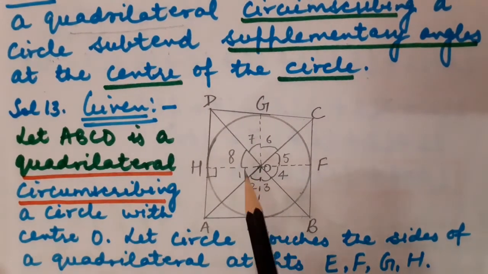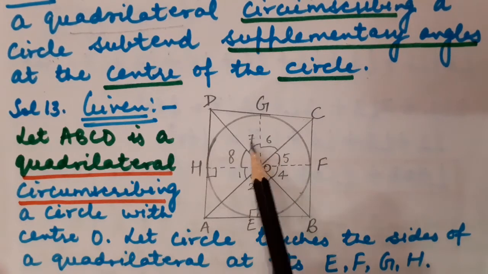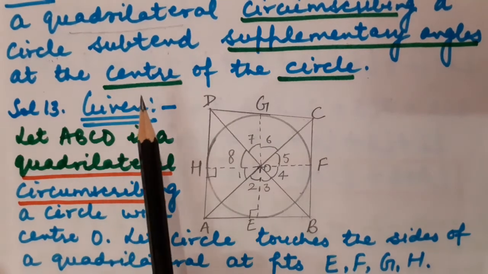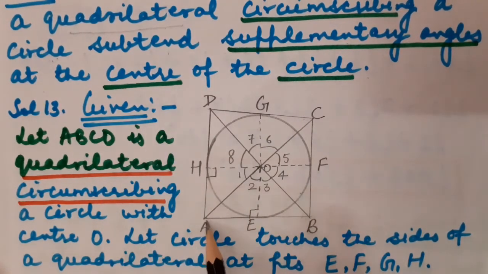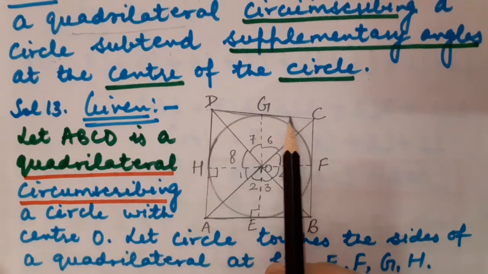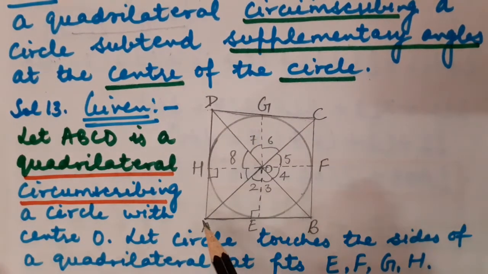Here you can see that I have given a total of 8 angles. I will explain how I named them. Right now, just keep one thing in mind: AB is opposite of CD. What angle is going to be subtended by AB?